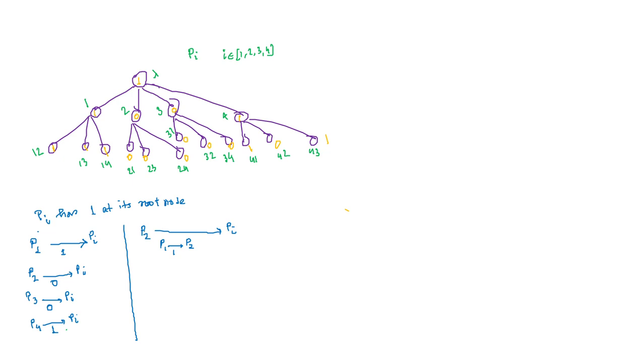P2 tells Pi that in the previous round P1 told me that P1's root node value is 1.